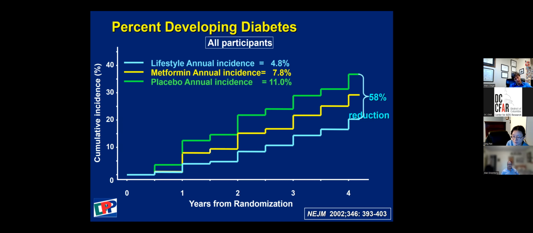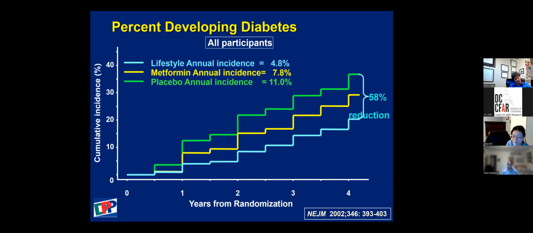So type 2 and type 1 are very different. For type 1, non-Hispanic white is at higher risk, but for type 2 it is African Americans and Asians. And for age group, it's similar. There's not too much age difference, but still the placebo group has the highest incidence, then metformin, then lifestyle.